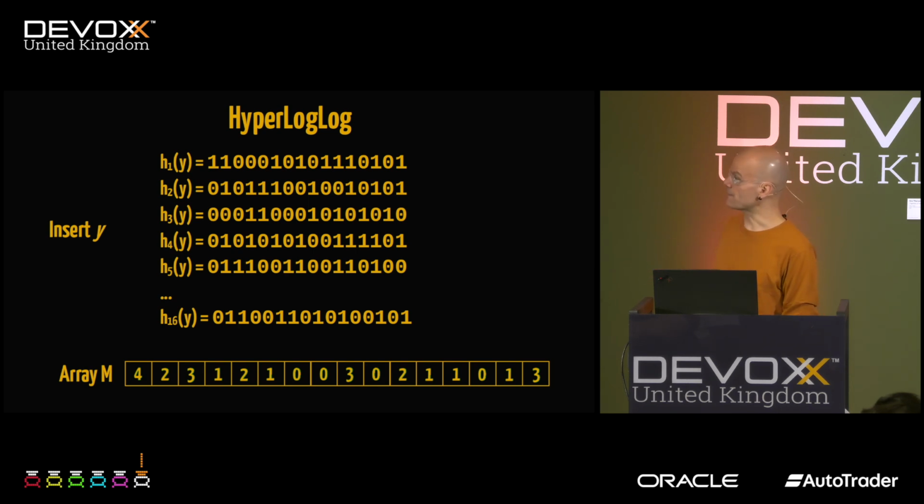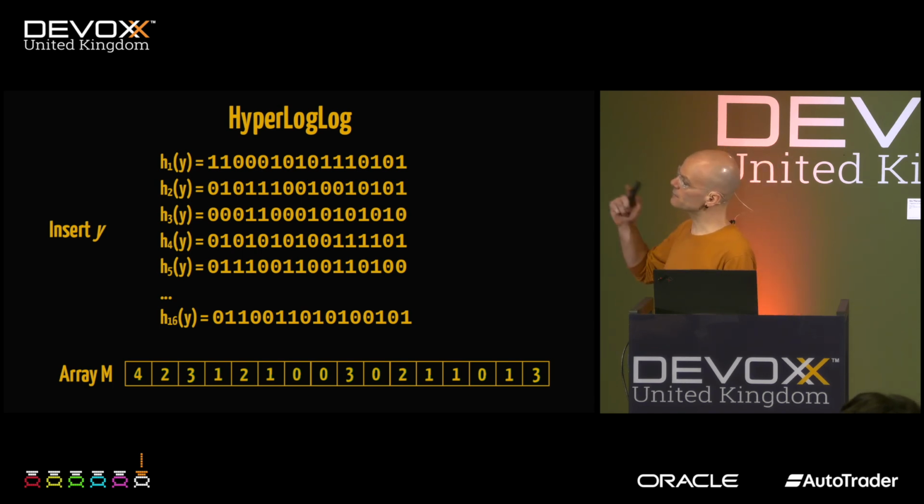Then I insert y. The first hash function mapped to a number that has no leading zero. From before, we had 4 in the first position of the array, so 0 is lesser and we're not going to change it. The second hash function mapped to a number that has 1 leading zero, which is lesser than 2, so we don't do anything.